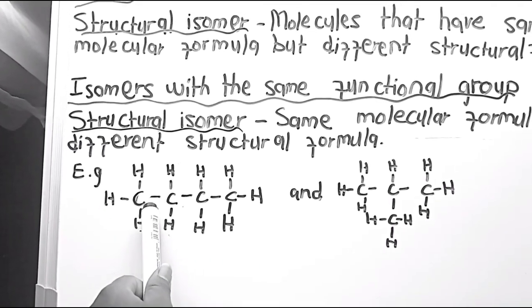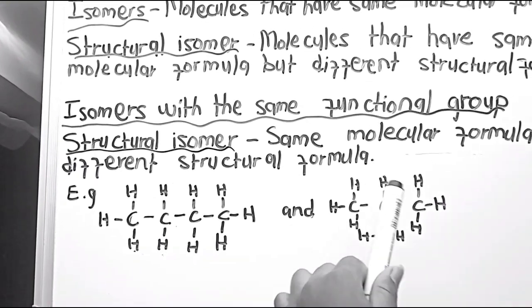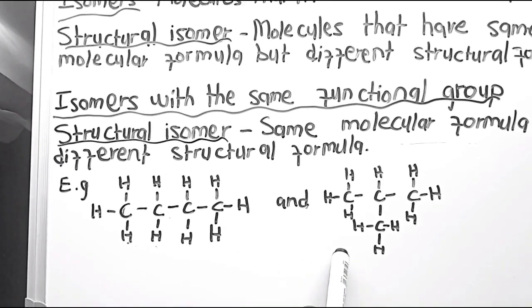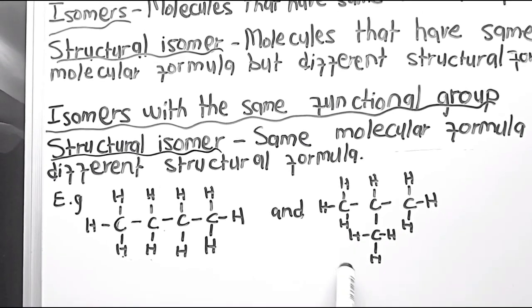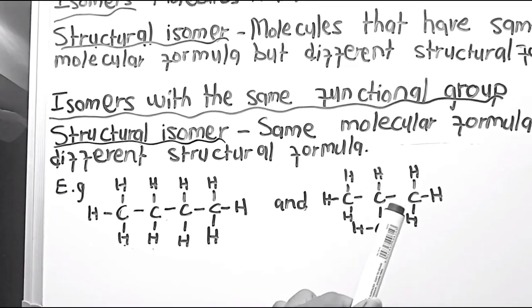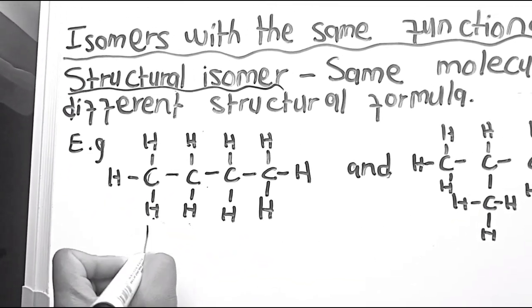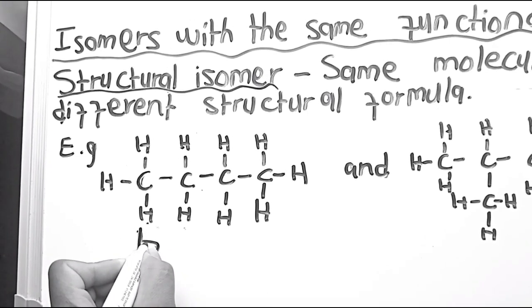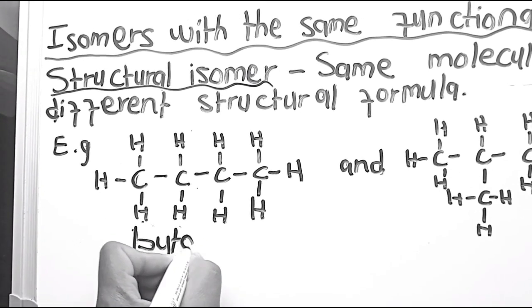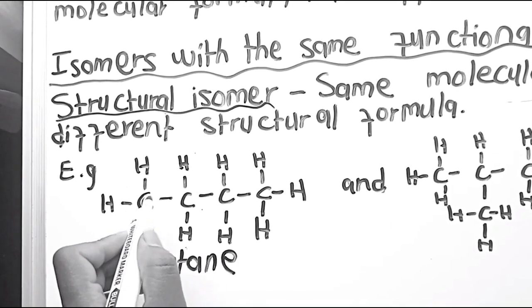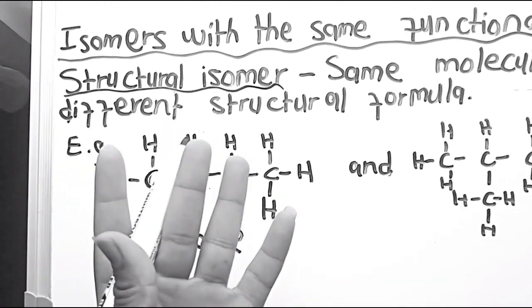These are all single bonds, but this is a straight chain, and this one has an alkyl group, which is a branch. The name of this structure is butane, because we have one, two, three, four carbons.